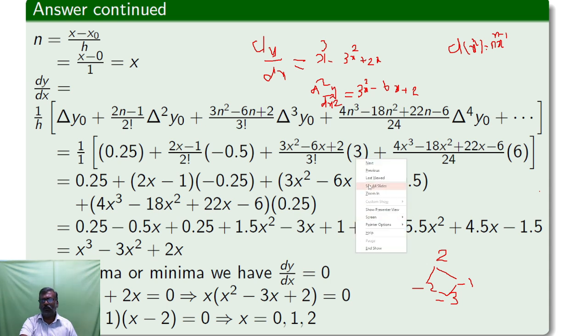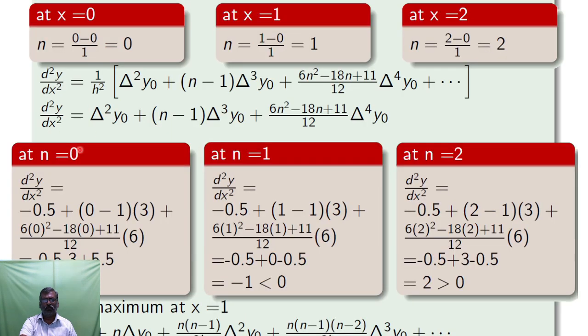After finding minimum or maximum, you have to substitute that value in y. That is one step. Or you can find d squared y by dx squared directly for all three values, x equal to 0, 1, 2. Here, a value greater than 0 is positive, and less than 0, like minus 1, is negative.